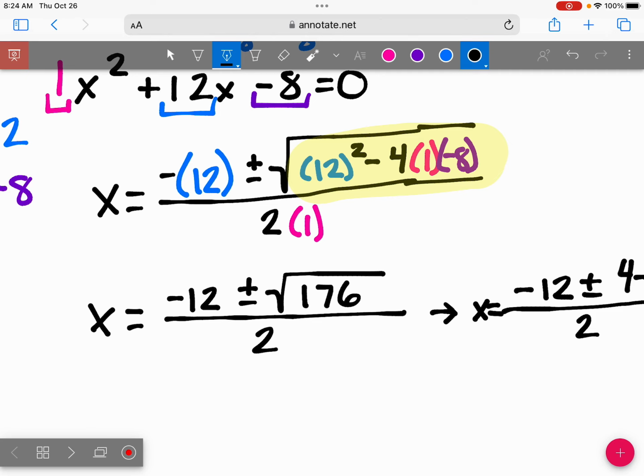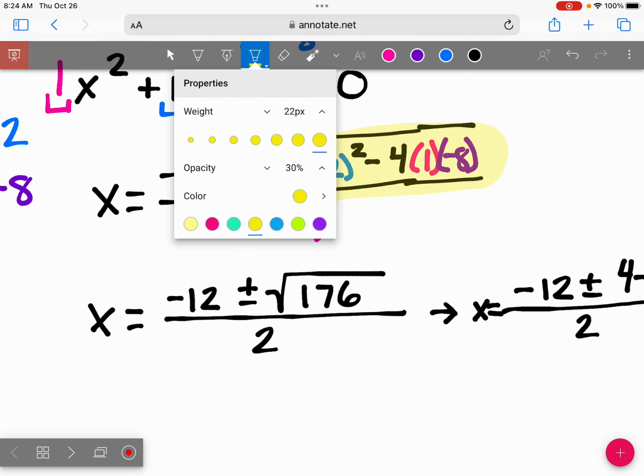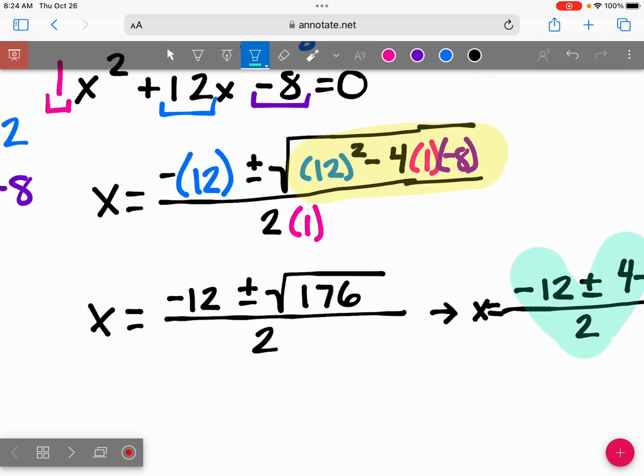Which is almost done. We need to look at our coefficients and see if any of them will simplify. So what we're going to do is we're going to look at the 12 and 2 and the 4 and the 2. Do all 3 of those divide by the same thing? 2.